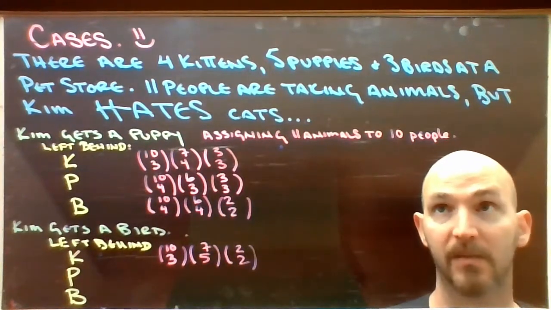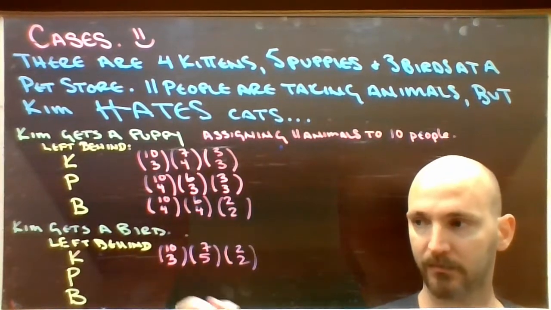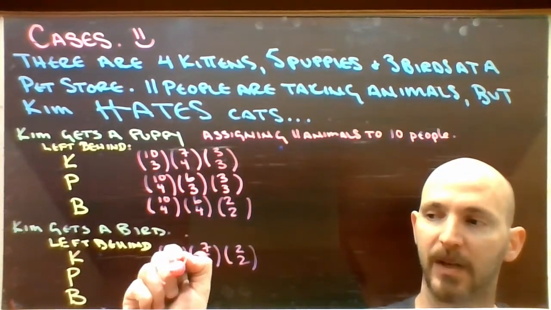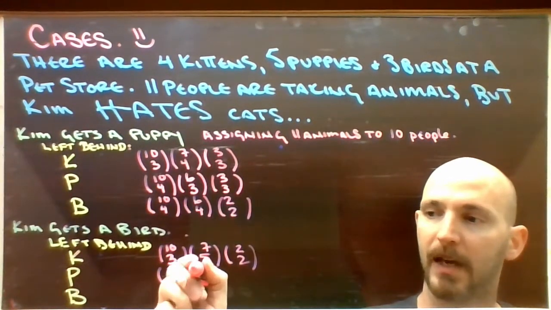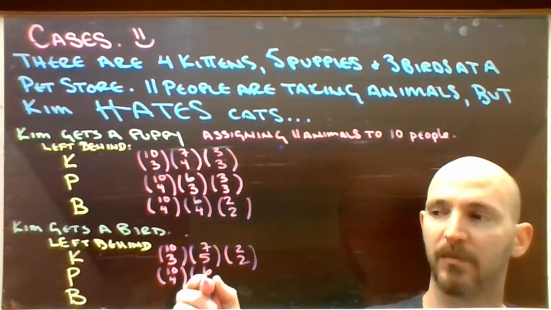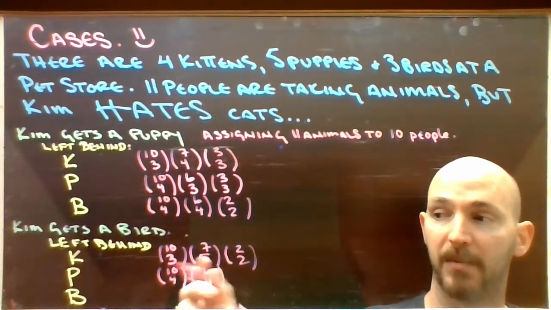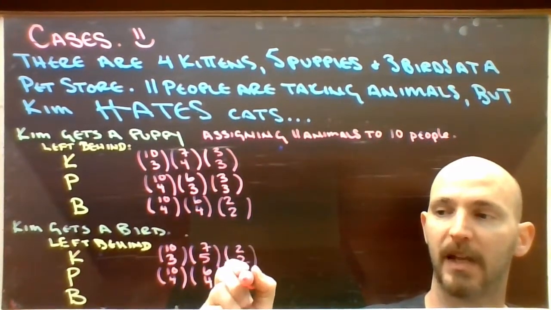Why 2 birds? Well, there were 3 and Kim took 1, so there's only 2 left to go. If Kim takes a bird and it's a puppy that gets left behind, then we have to choose 4 of those 10 children to take a kitten. And then of the 6 kids remaining, we have to choose 4 to take a puppy, because this puppy gets left behind. And of the 2 remaining, they get a bird.